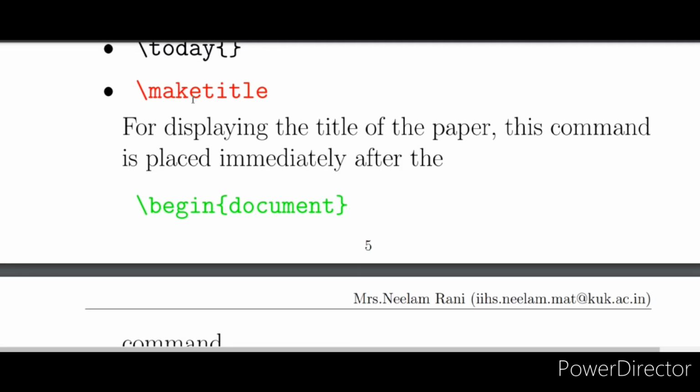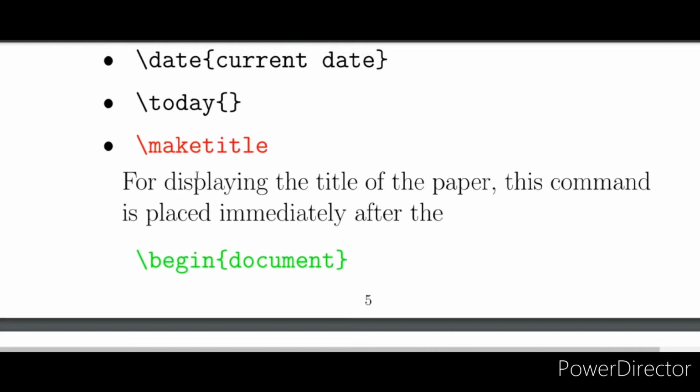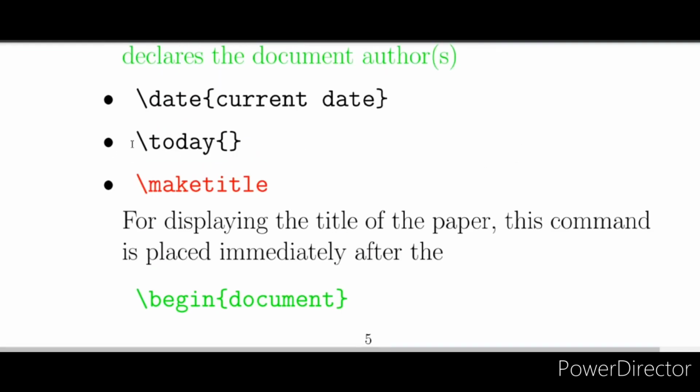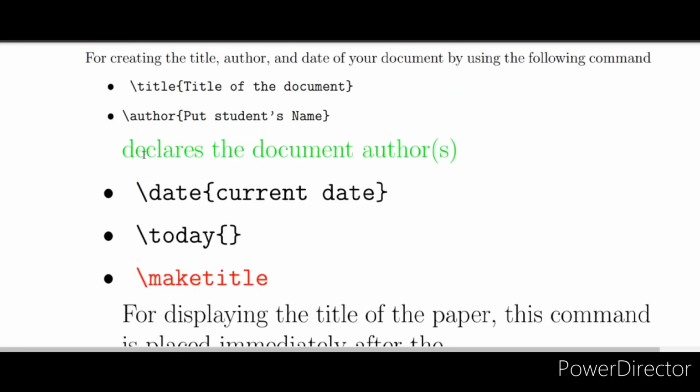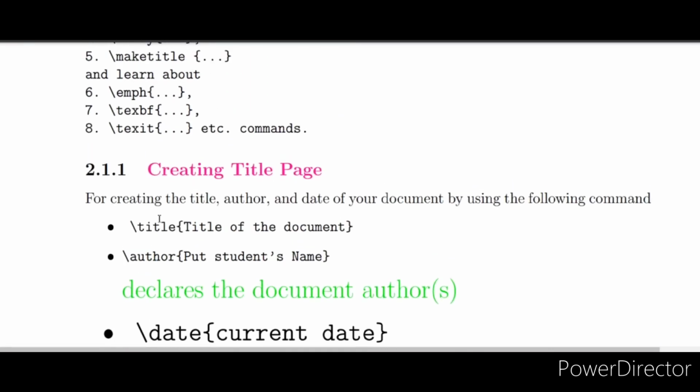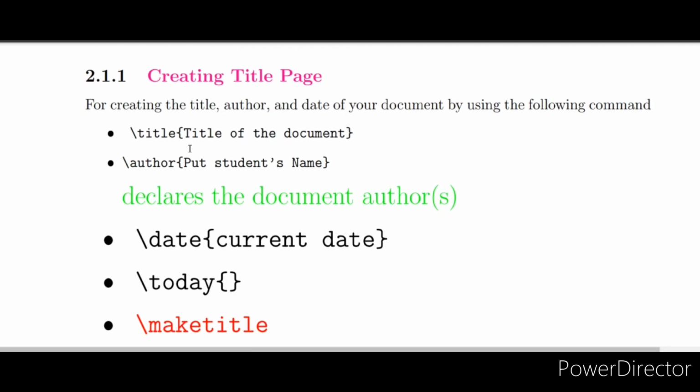So you will write this command in your LaTeX software, where you will open a file. Let us first open a file and write all these commands there, and I will compile, and show that you will be able to generate a title page.